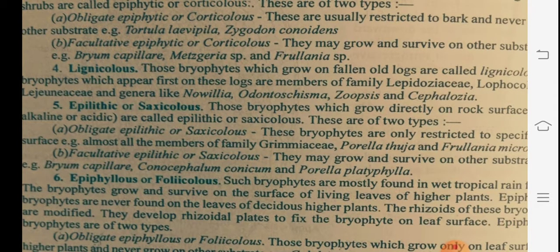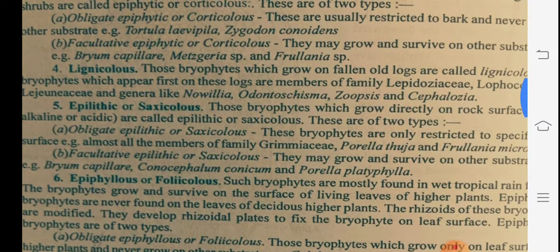I think we have also collected this Cephalozia, then Lejeunea members. They are very small leafy jungermannias; some grow epiphytic, some on the terrestrial.